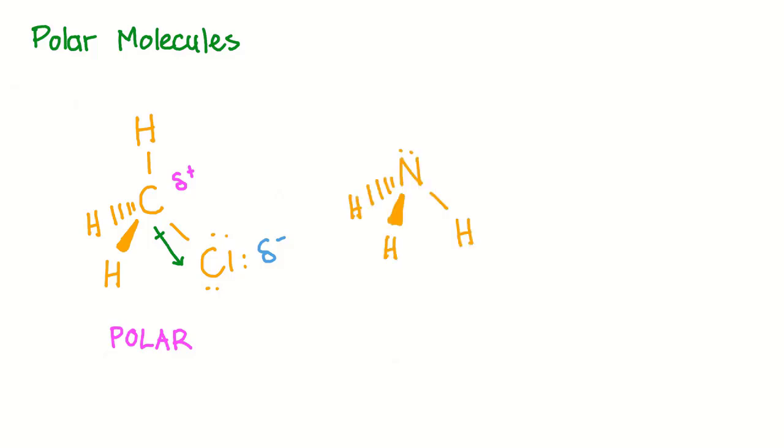Let's take a look at this molecule next, ammonia, or NH3. Nitrogen is more electronegative than hydrogen, so there would be a partial negative charge on the nitrogen and partial positive charges on the hydrogens. This means that there would be dipoles going from the hydrogens to the nitrogen. Now this molecule might look symmetrical, but we can't forget about this lone pair.